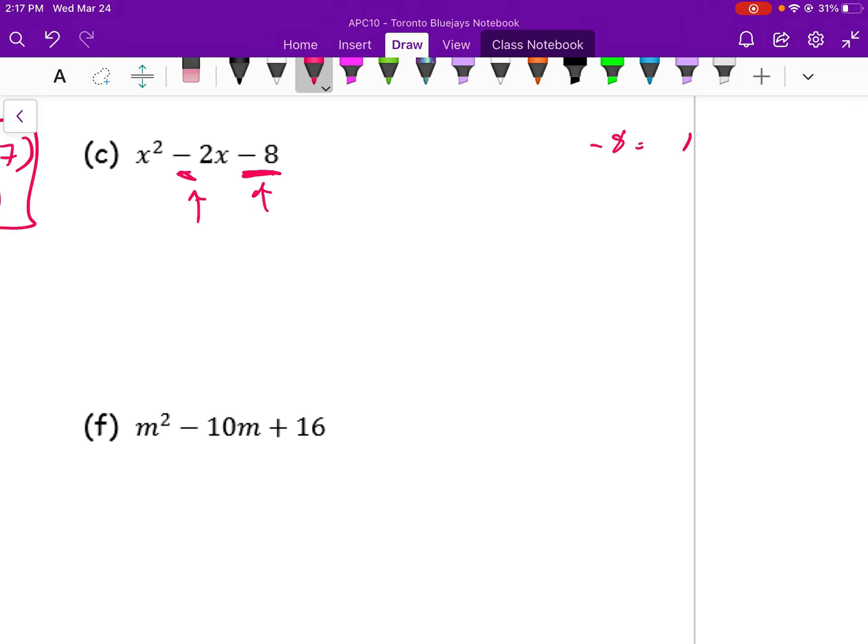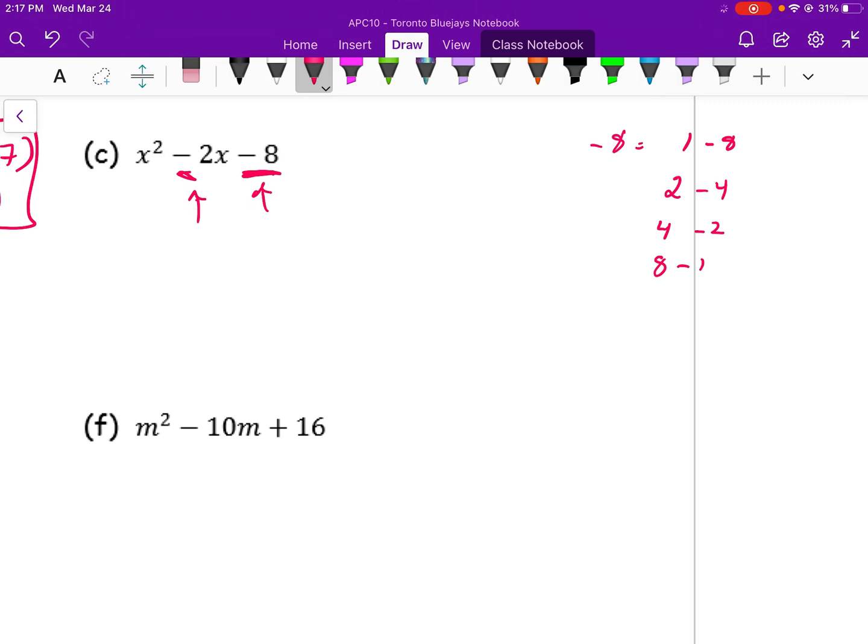So I know that 1 times negative 8. Now, my next positive factor after 1 is 2. 2 times negative 4. 3 is not a factor, but 4 is. 4 times negative 2. And 8 times negative 1.